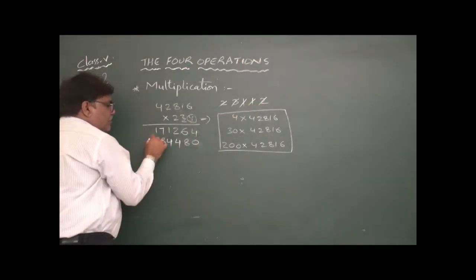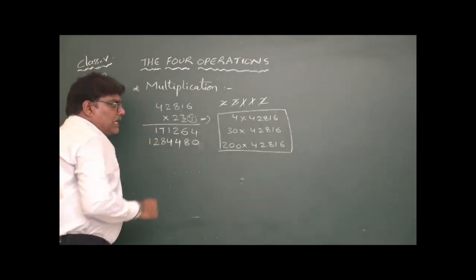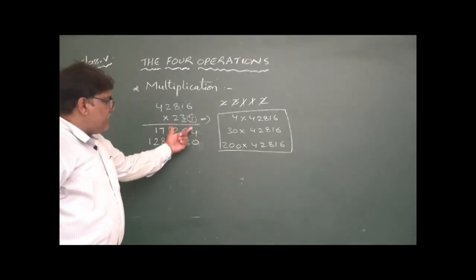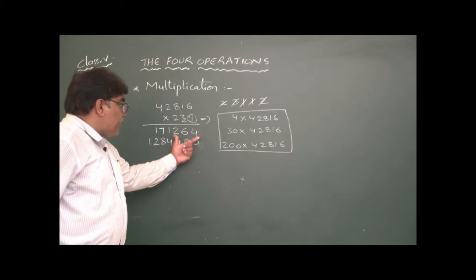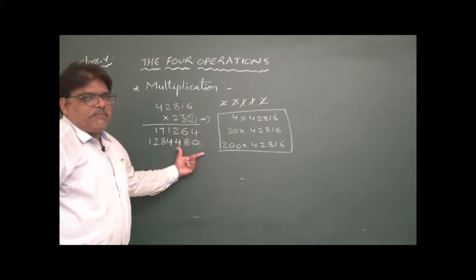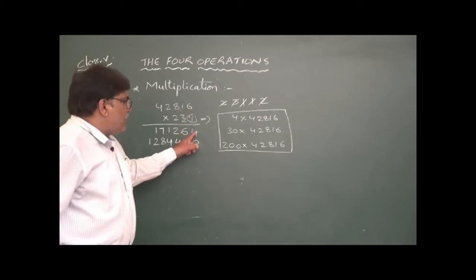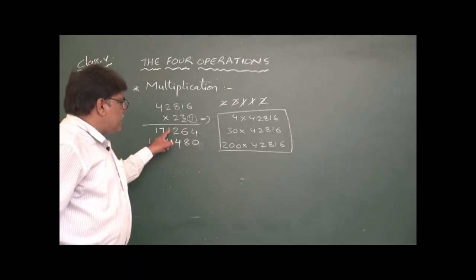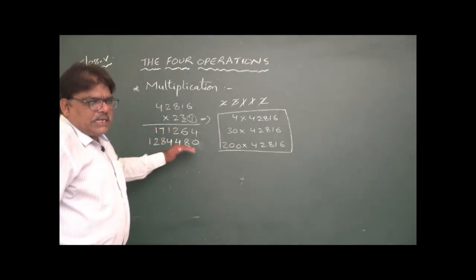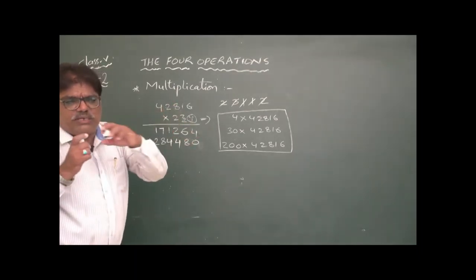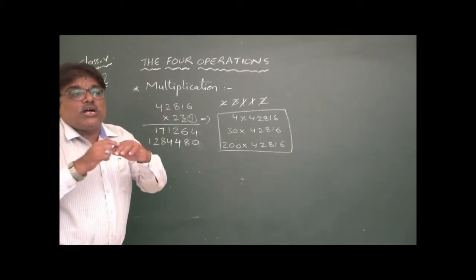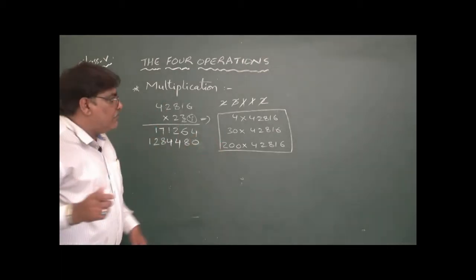Then again 3 4s are 12. While writing, the numbers in the column method should be written properly: ones, tens, hundreds, thousands, 10,000, lakhs. Like this in place value, do not keep empty spaces, and do not overlap while writing.